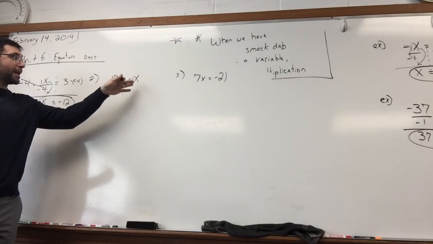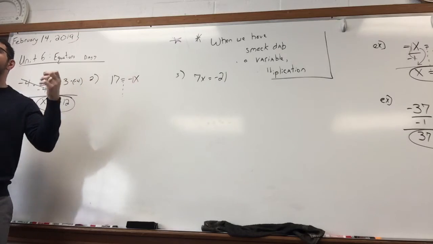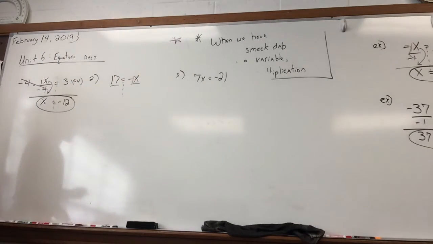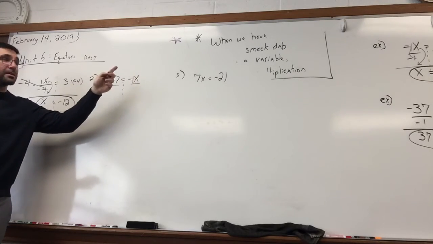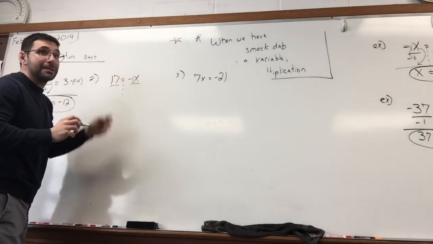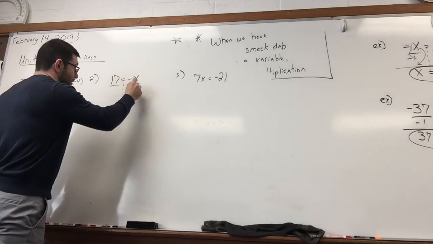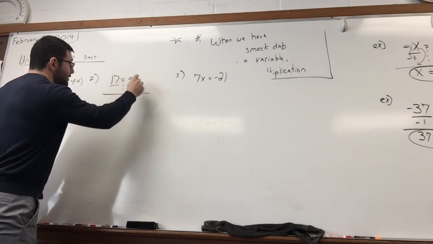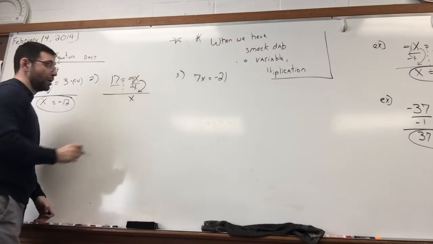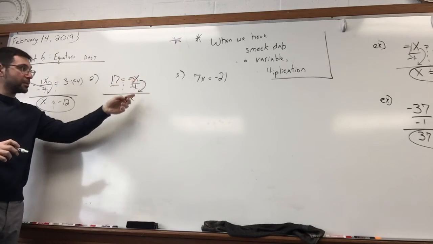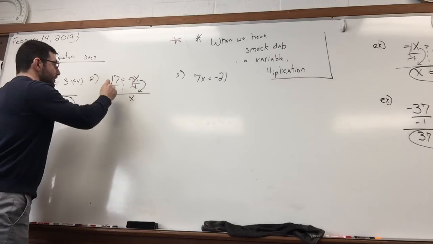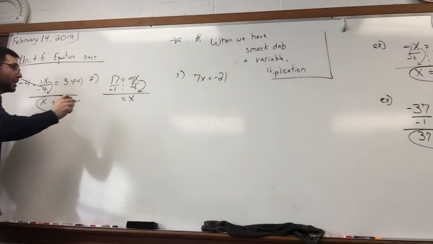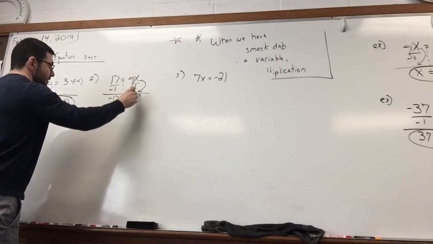So if negative 1x means multiplication, the inverse of multiplication is division. We want a positive x. So we have to divide by the number and the sign. Because negative 1 divided by negative 1 gives me a positive 1. Well, positive 1 what? Positive 1x. If I divide by negative 1 on one side, I have to divide by negative 1 on the other. That gives me negative 17.